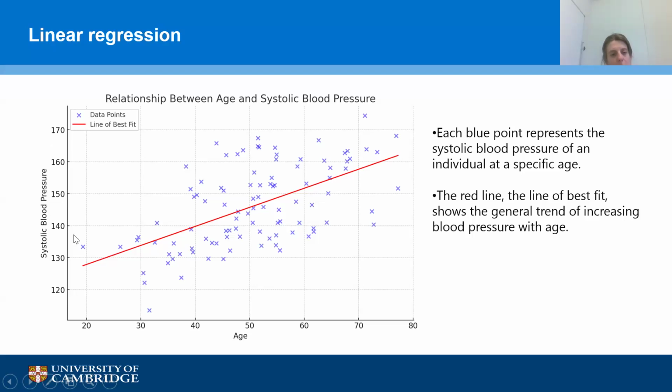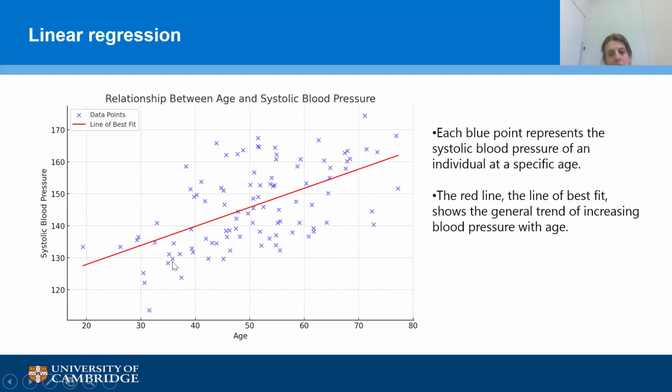We have one individual here that is probably 18 years old and has a systolic blood pressure of probably 133. Each of these crosses is one individual with a specific age and their systolic blood pressure. As you can see, all of these are individuals.